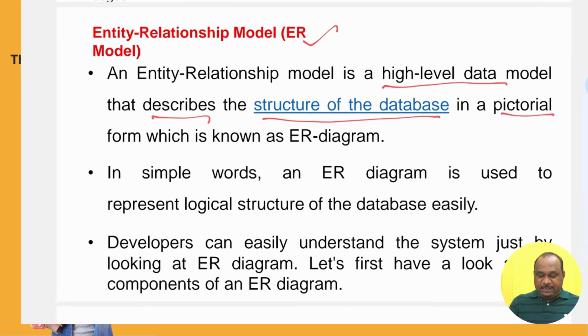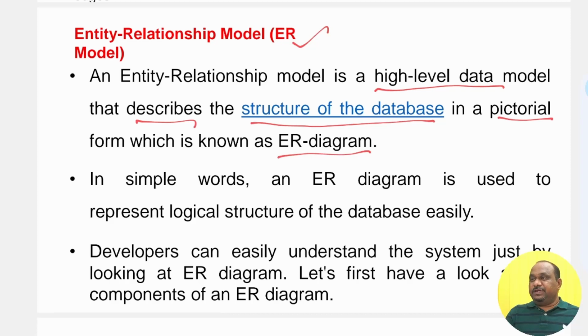That is called an ER diagram. Whenever data is represented in a high-level data model, using graphical symbols to represent the structure of the database, that is called your ER model. In simple terms, an ER diagram is used to represent the actual logical structure of the database.